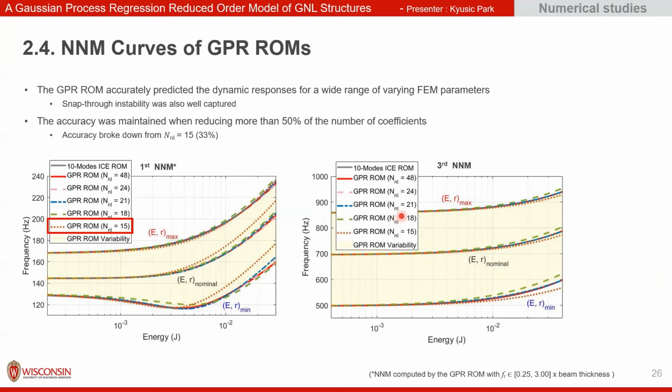The accuracy of GPR ROM was preserved even when reducing more than 50% of the original number of nonlinear coefficients. And this reveals that the three-mode ROM contains a significant number of redundant coefficients, but GPR ROM can neglect these terms and still accurately capture the nonlinear responses.